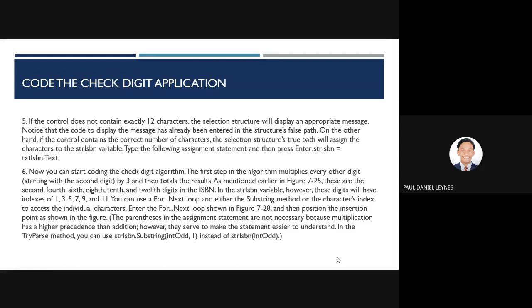Enter the For Next loop and then position the insertion point as shown. The parentheses in the assignment statement are not necessary because multiplication has a higher precedence than addition. However, they serve to make the statement easier to understand. In the TryParse method, you can use strISBN.Substring(intOdd, 1) instead of strISBN(intOdd).